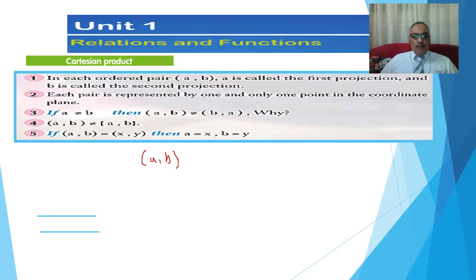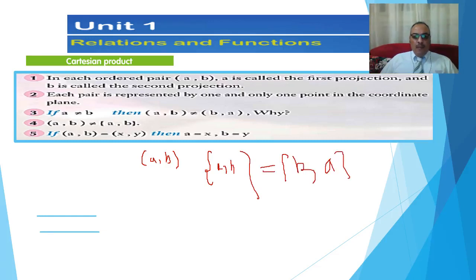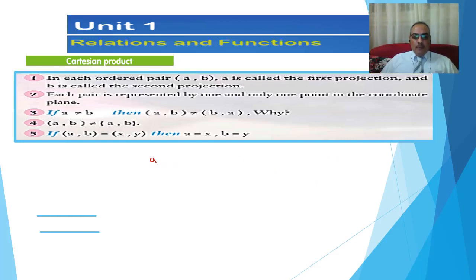You cannot reverse A with B. But in the set A and B, you can write A, comma B equal B, comma A. So the order in a set is not important, but the order in ordered pairs is very important.